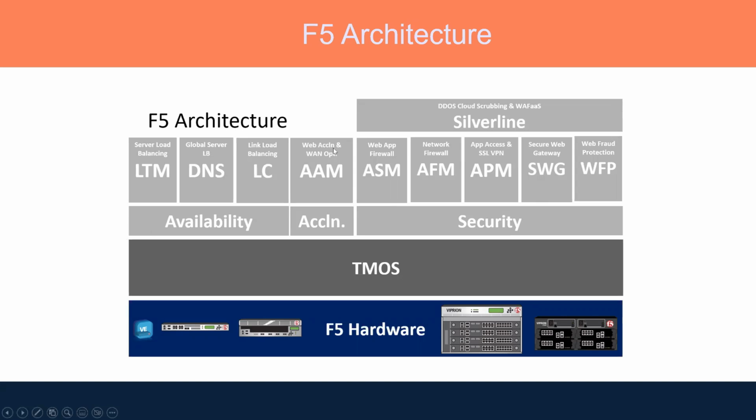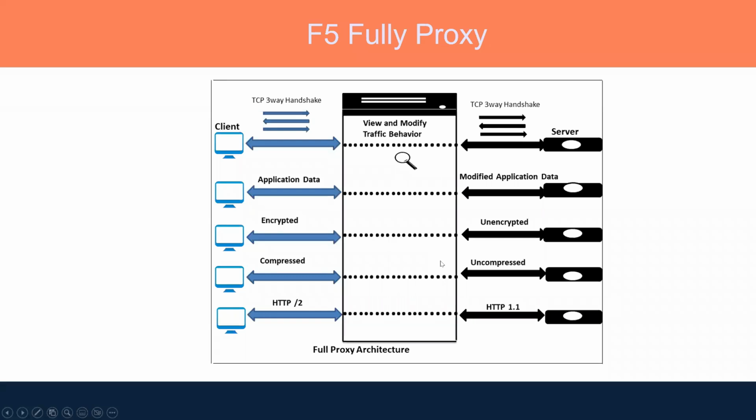And if I talk about the F5 device, it is working as a full proxy. When I say full proxy, whenever a client tries to access any application that is hosted on F5, the client would be hitting the application hosted on F5, and on behalf of the client, F5 sends the request to the backend node.